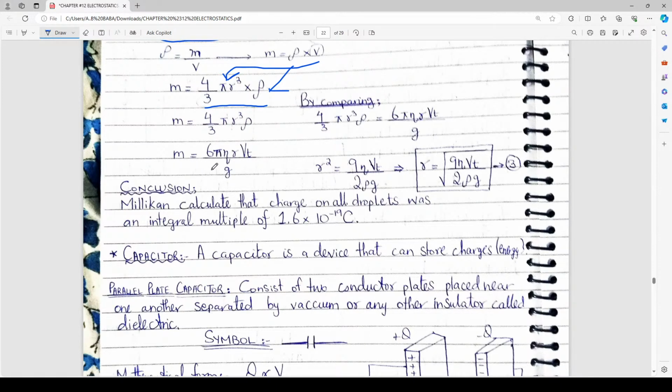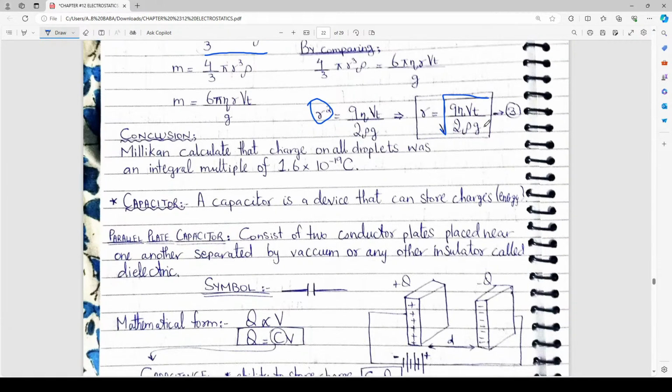M is also equal to 6 pi eta r Vt upon g, and we'll compare these two equations so we'll find out the radius value. First we'll find r square, and then we'll take the square root of both sides, so we'll get r equal to square root of 9 eta Vt upon 2 rho g, which is equation number 3.